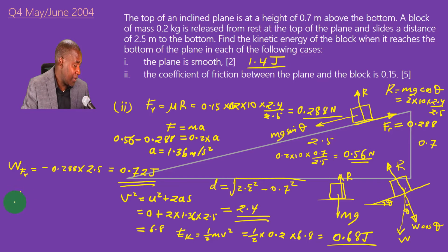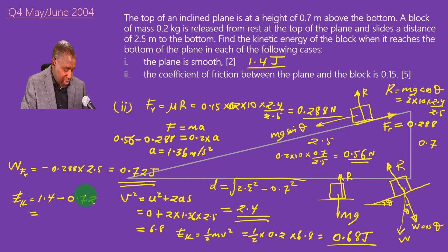So EK is going to be equal to what we would have got, which is 1.4, then I subtract what we have converted into heat. So I get the answer to part 1, I subtract that.